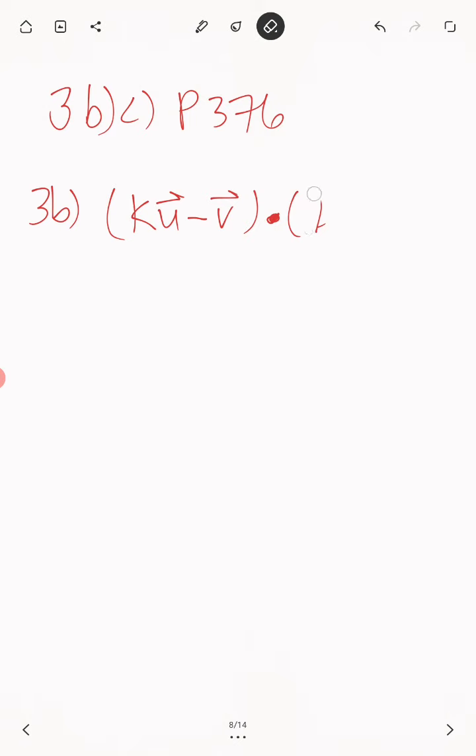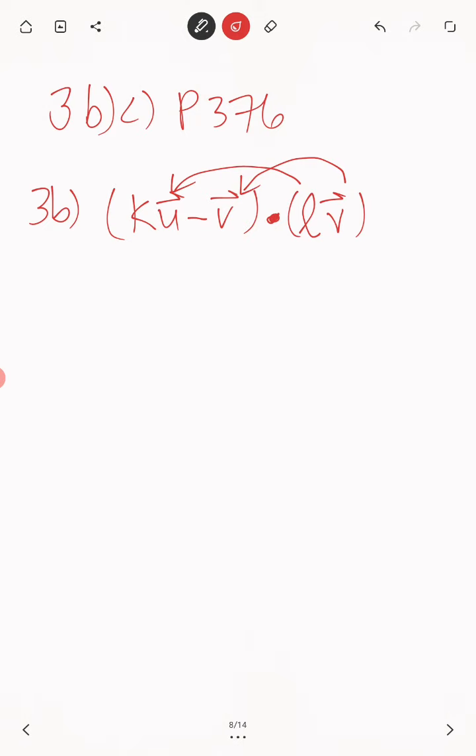Oops. Let me fix that L. It's a little thick. Okay. So we apply our properties of dot product. One of them is distributive property is applicable. And so we'll distribute the LV on the two terms in the first bracket.